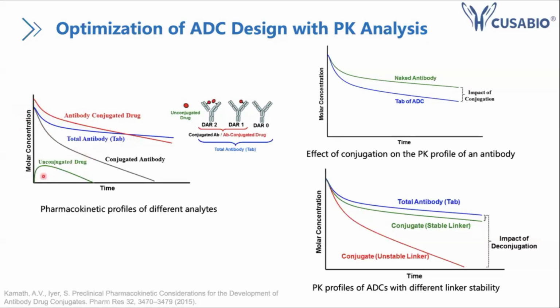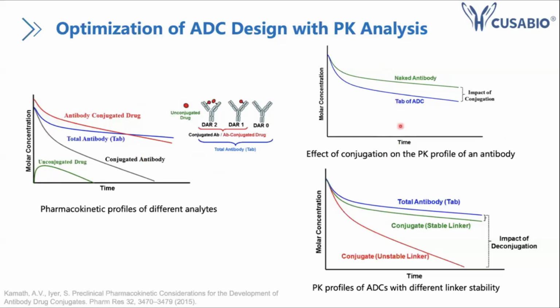And the third is the free payload. For the free payload, we know the half-life for this type of molecule is always short, so you see the concentration quickly decreased. So this is a complete description of each analyte.